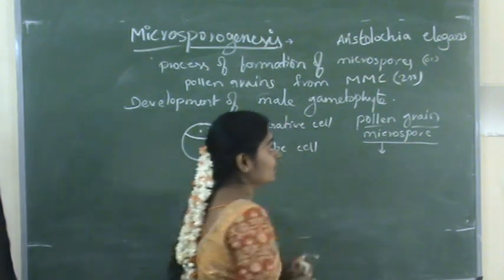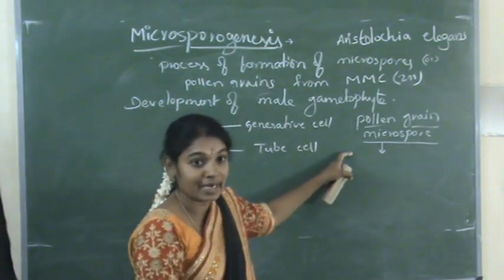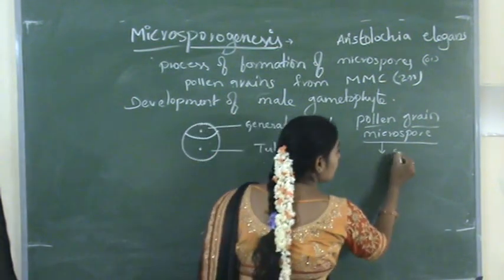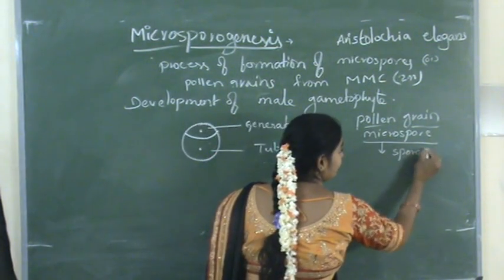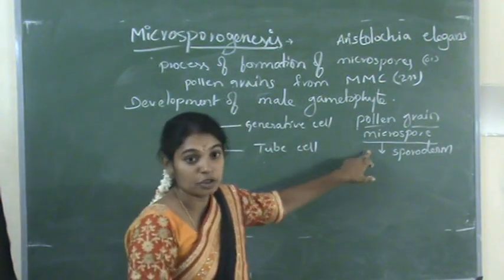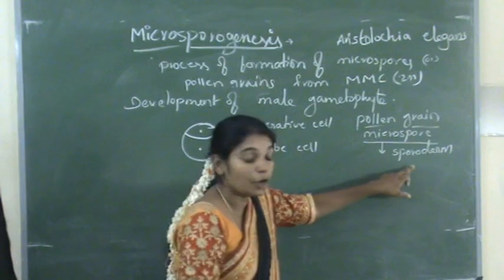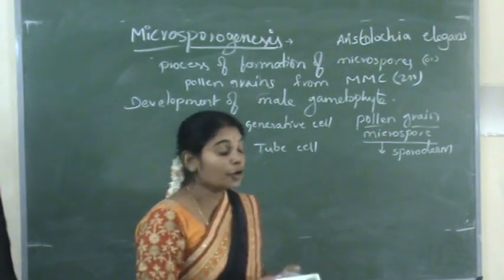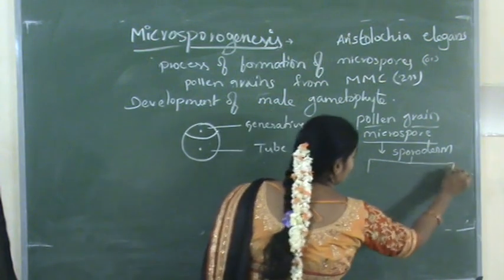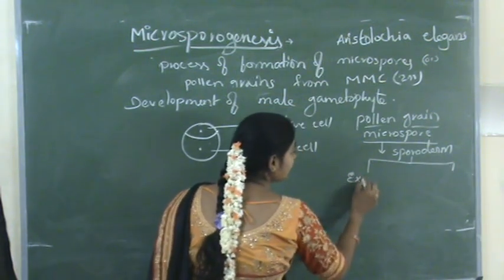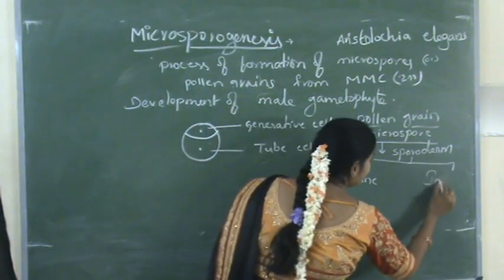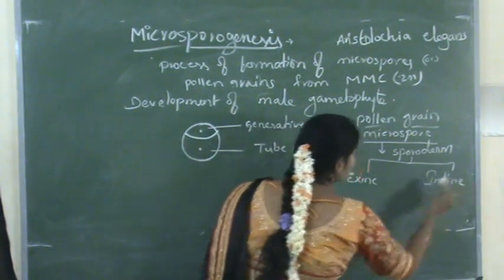The cell wall of the pollen grain or microspore is called sporoderm, and this sporoderm is made up of 2 layers: outer exine and inner intine.